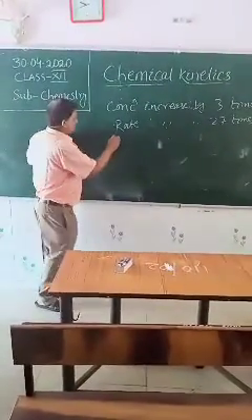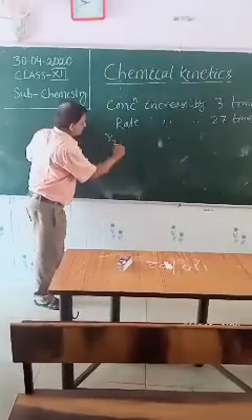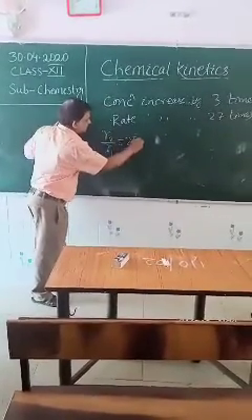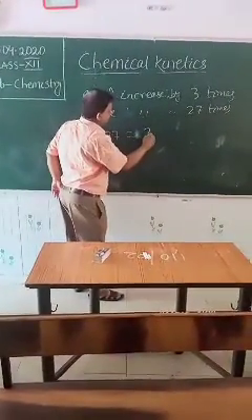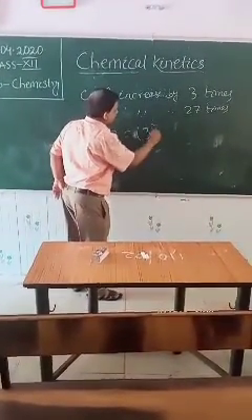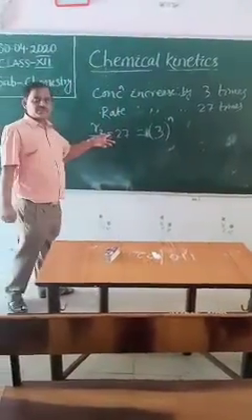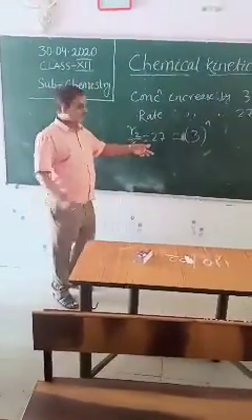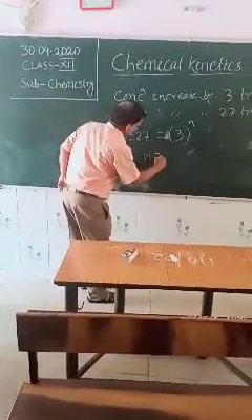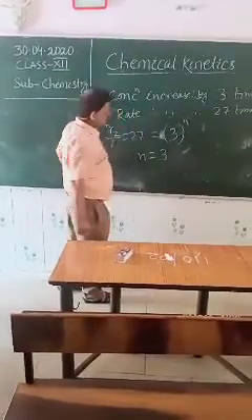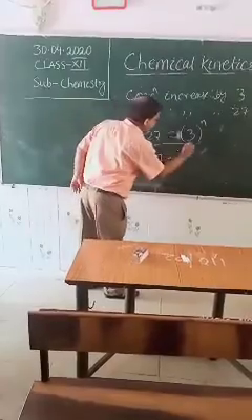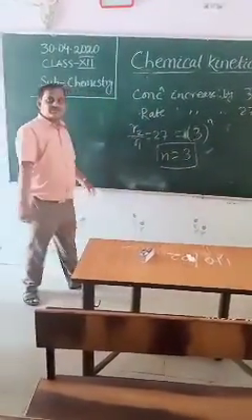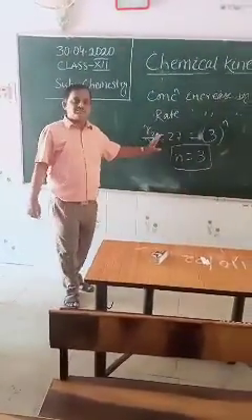That means R2 by R1 equal to 27 equal to the concentration increase, 3 to the power n. 3 to the power n equal to 27, so n equal to 3, since 3 to the power 3 is 27. So order is 3.